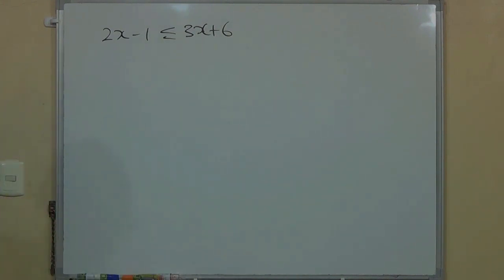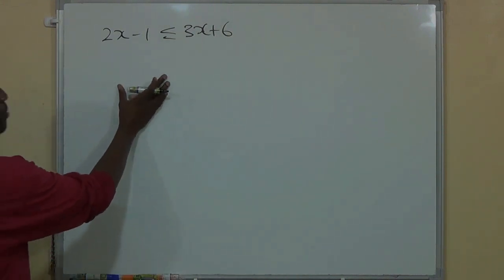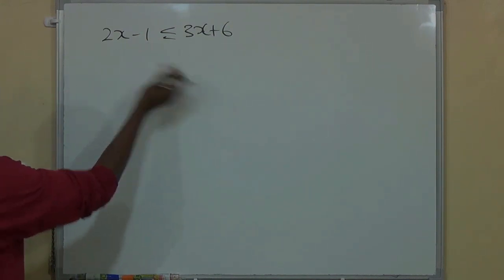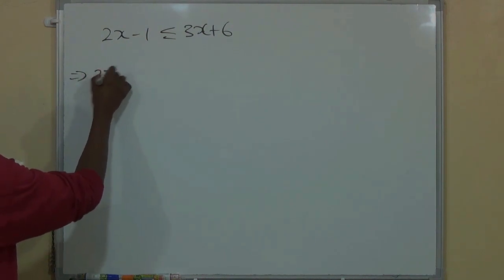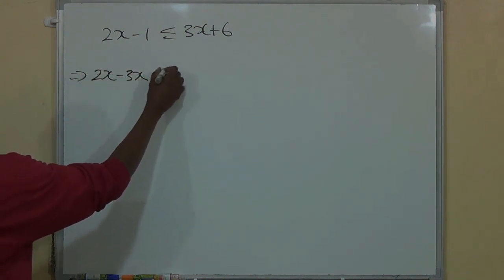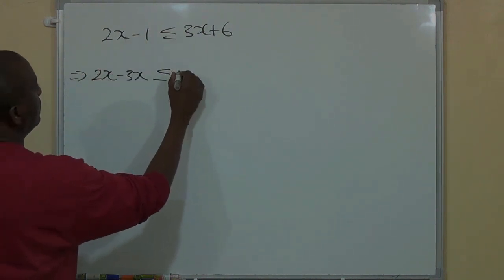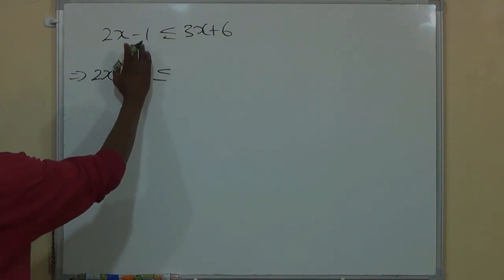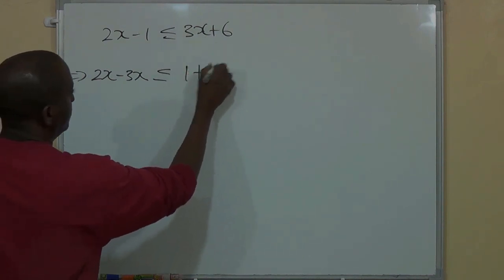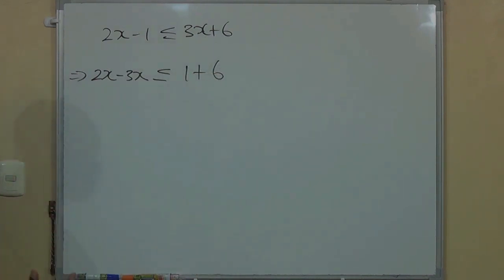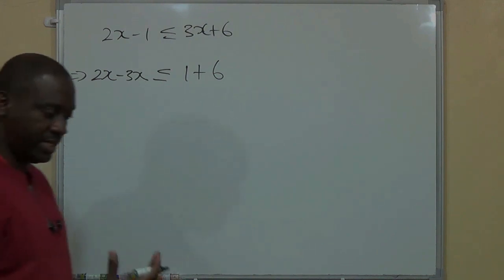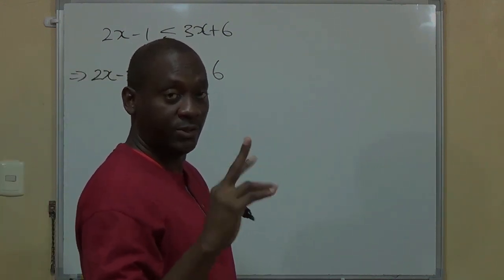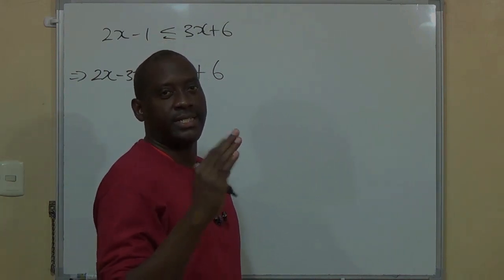So in the first instance, I will do what most people would do and keep all the x's on the left side. If I do that, I'll get 2x minus 3x less than or equal to the minus 1. Well, the plus 3x will become minus 3x here, and the minus 1 will become plus 1 here. So in other words, when you're crossing an inequality sign, just as is the case when you're crossing an equal sign, in addition and subtraction, you change the sign.